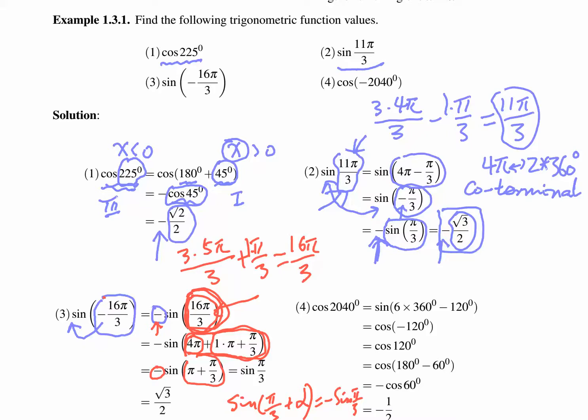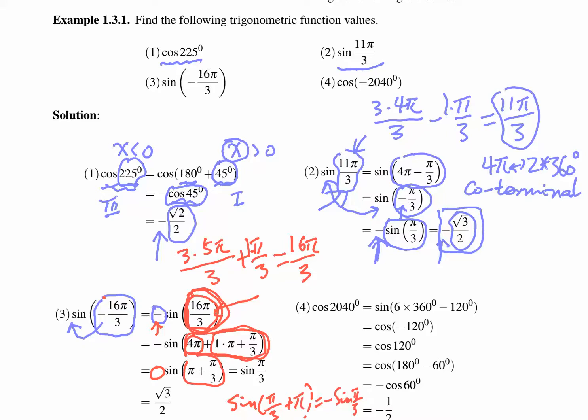That's the formula we learned before. Again, here it is pi over 3 plus pi, not alpha. Okay, let me erase that. Then it goes back here, should be pi.